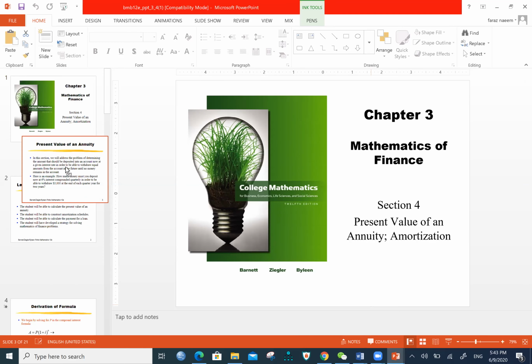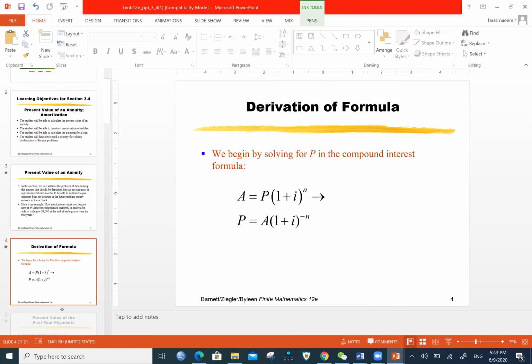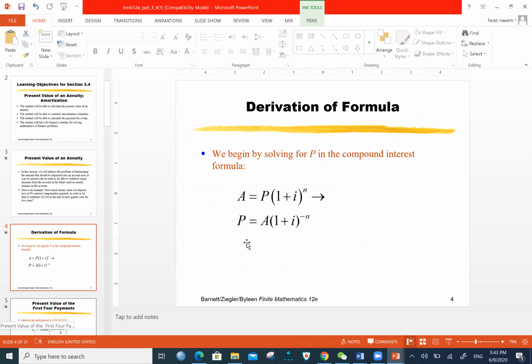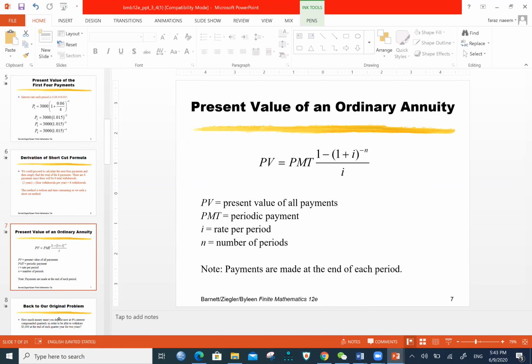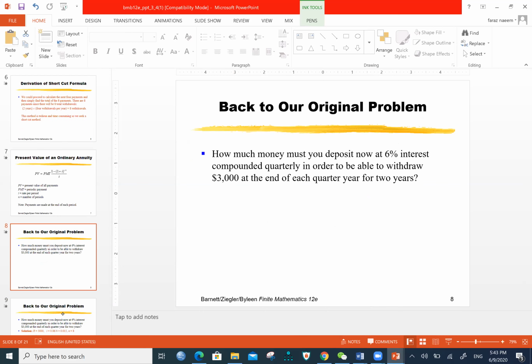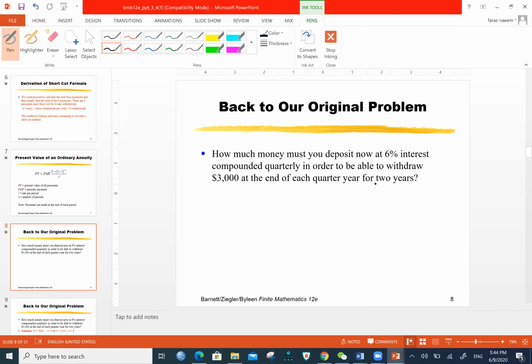Now I directly read some example. This is, by the way, the formula for present value of annuity. Everything is the same: PMT, and PV is present value. If you read this example, it gives you a clear impression that after 2 years you will be left with zero balance in your account.